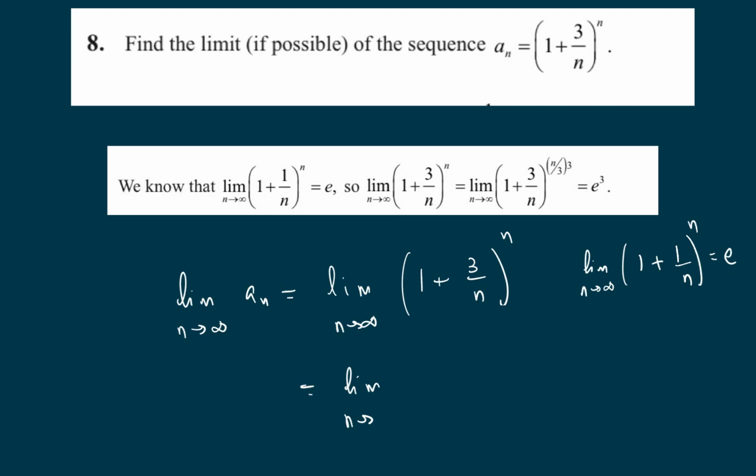You may choose 10 million: (1 + 1/10,000,000)^10,000,000 will be 2.711, whatever. It approaches the number e as n goes to infinity, and the limit is exactly the number e.